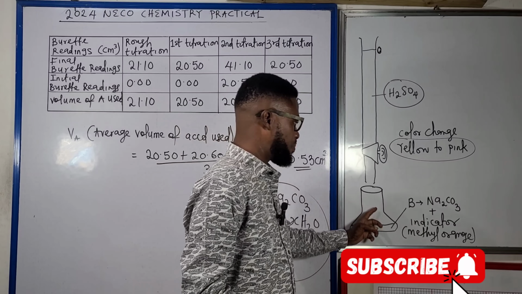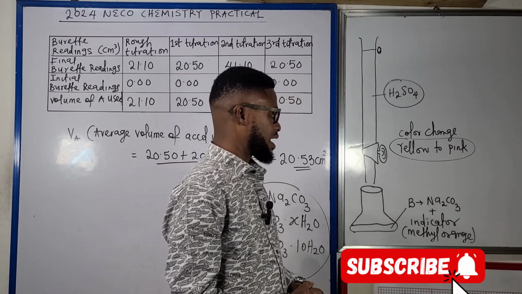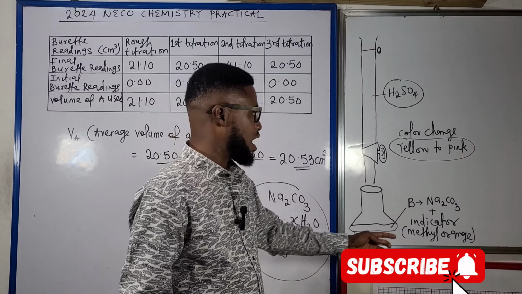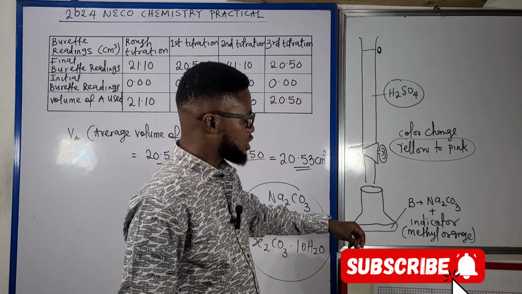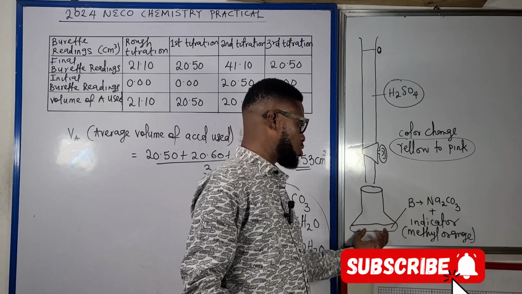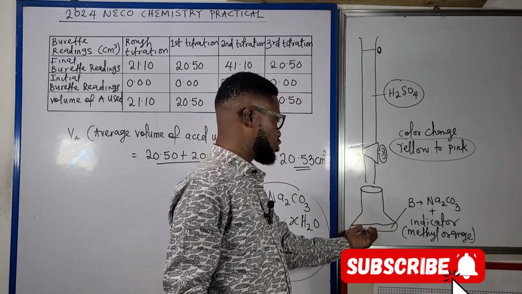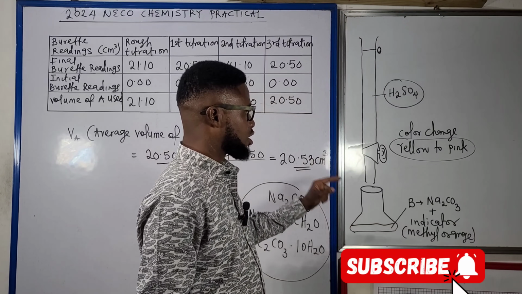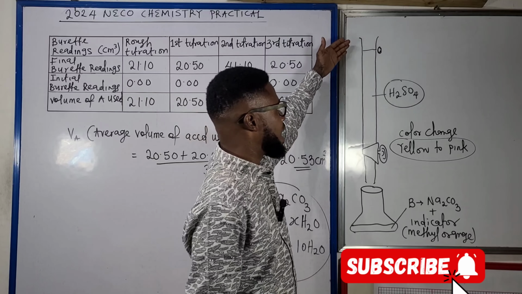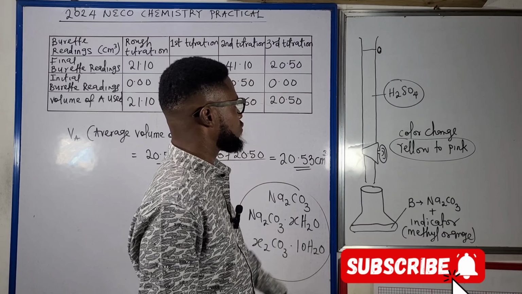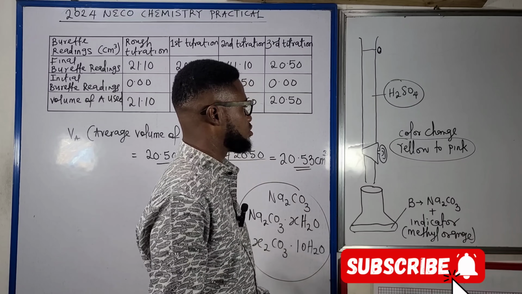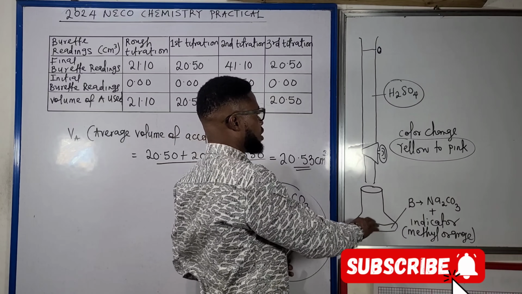We are going to pipette the sodium carbonate into a conical flask, and then methyl orange is going to be our indicator here. The moment we add methyl orange into the pipetted sodium carbonate solution in the conical flask, the color is going to change to yellow, and then we titrate or run our dilute H2SO4, which is inside the burette, until a point is reached where the yellow color changes to pink.